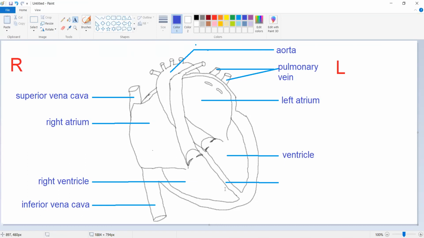And this is septum, separating the left side and right side of the heart.